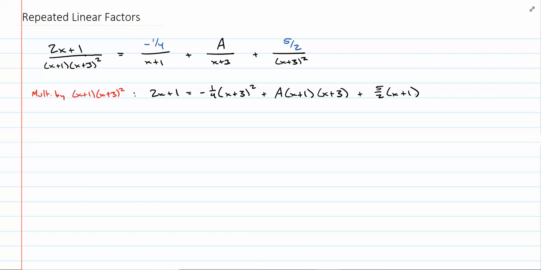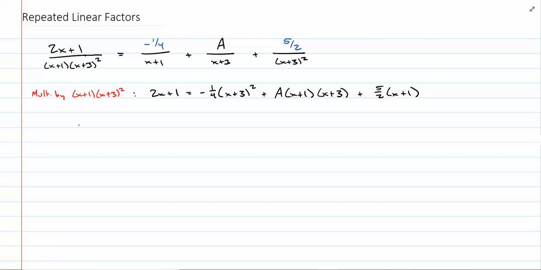Now, since there's only one unknown to solve for, A, probably the easiest thing to do here is to just plug in an x value. And we want to avoid negative 1 and negative 3 because that would wipe out the A term, but literally we could plug in anything else for x and it would give us the correct A value. So let's plug in something simple.